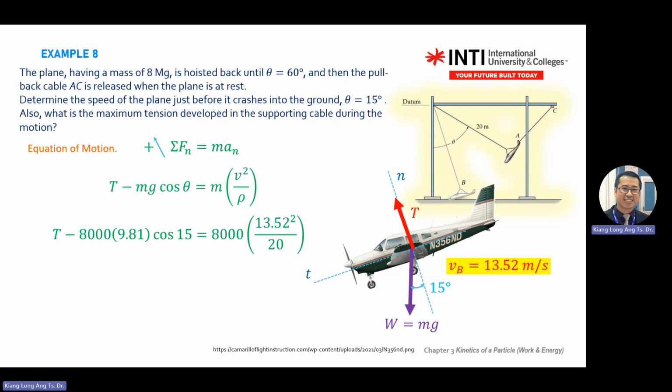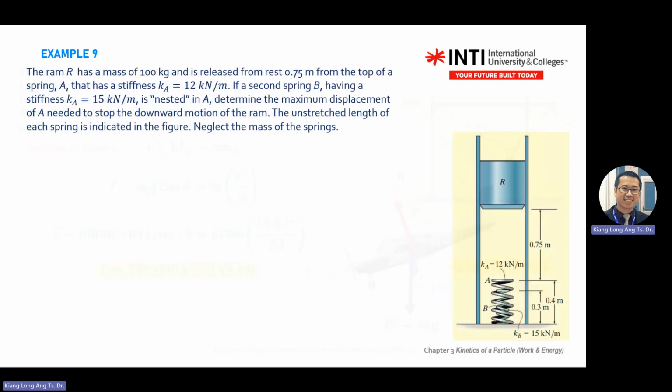So you get tension equal to 14900 newtons. You can simplify into kilonewtons, 3 decimal places or 3 significant figures. Here you find the tension already. Do you find the velocity? You found it already. So the maximum tension is found.